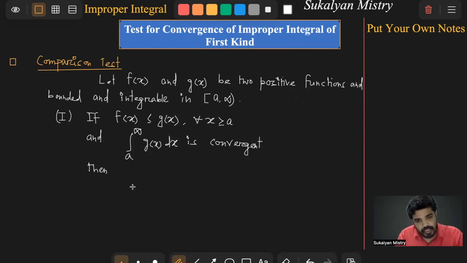Then integration a to infinity fx dx is also convergent.